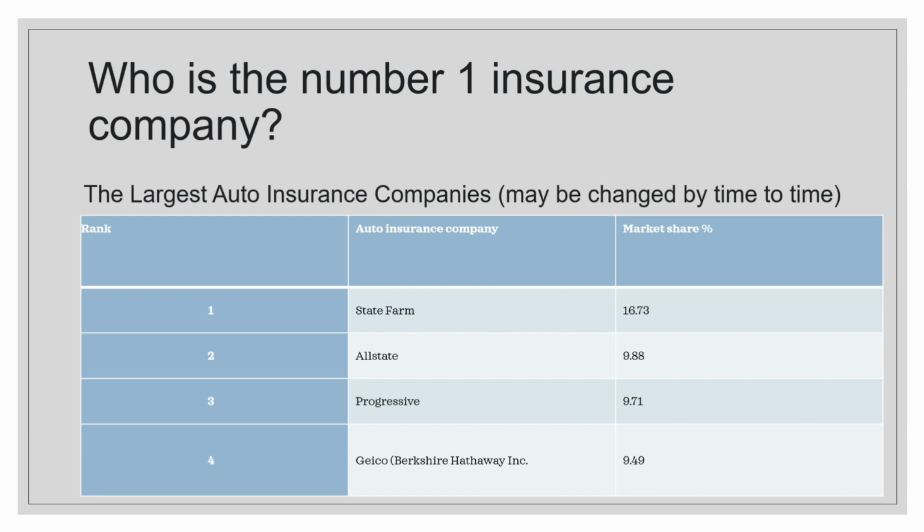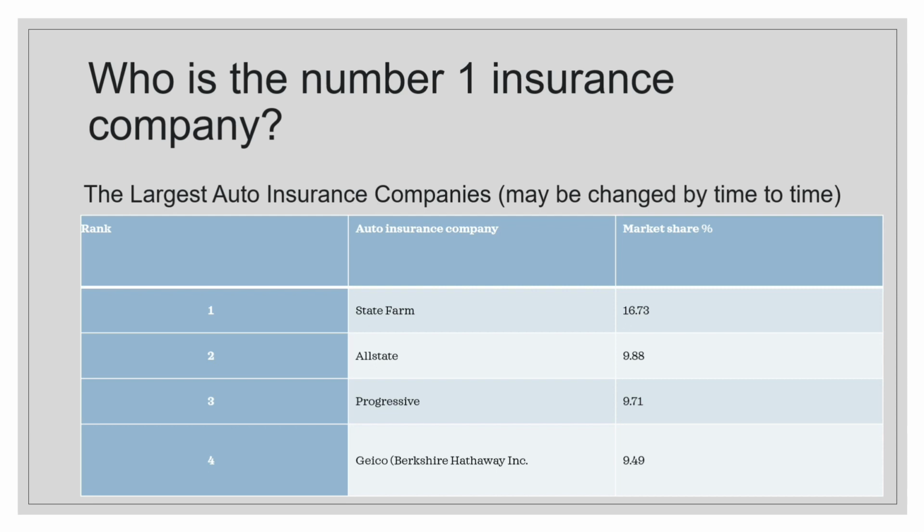Who is the number one insurance company? Here is the chart. These are approximate charts, but they may change from time to time. The largest auto insurance companies: we can see here the number one position, State Farm, with a market share of 16.73%.